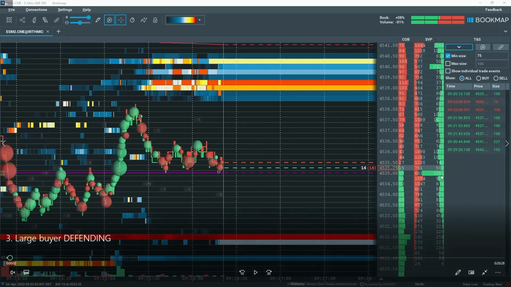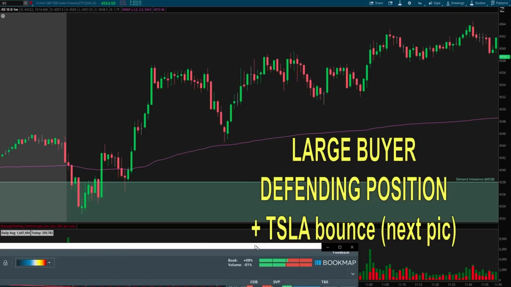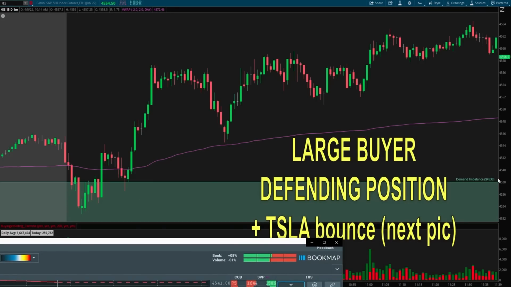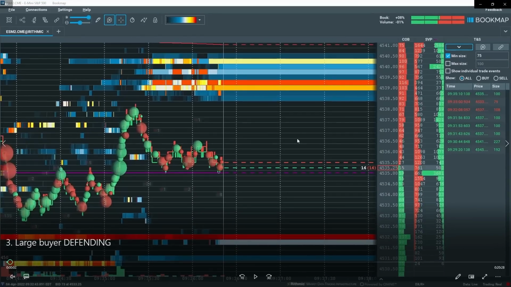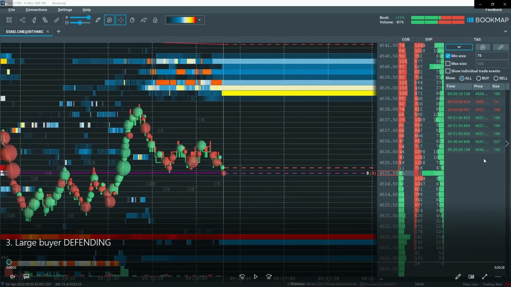So in this example, we had a very large buyer at some point earlier in the day at 45.35. This also aligns with a demand zone which started at 45.38. So at 45.35, we have a very large buyer. And what's extremely interesting here is I want you to keep a note on the size.